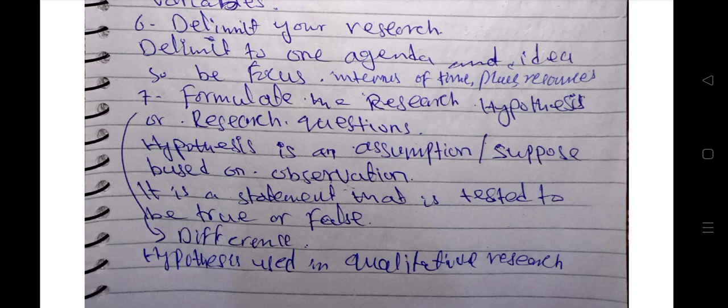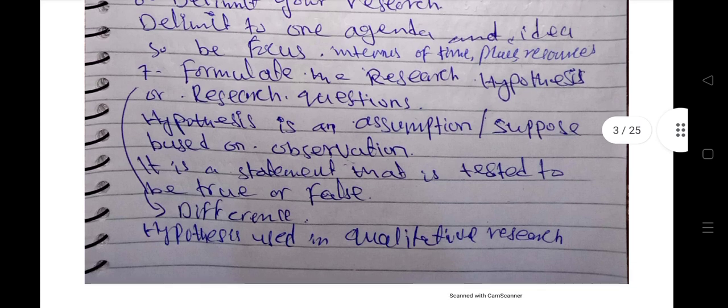Some research has a research hypothesis and some has research questions based on the type of your research, right? Hypothesis is used in qualitative research, and research questions are used in quantitative research, right?